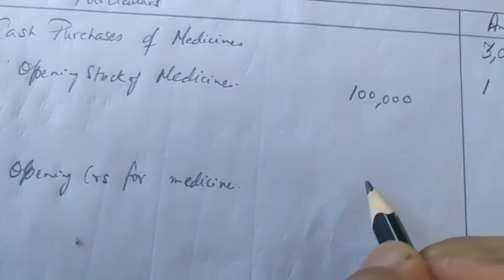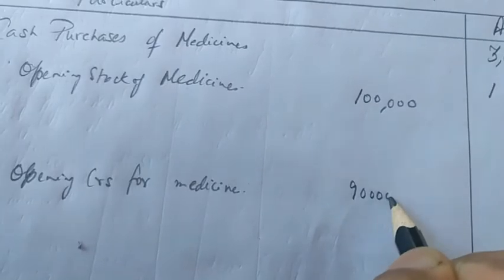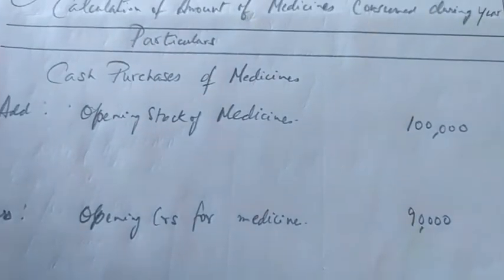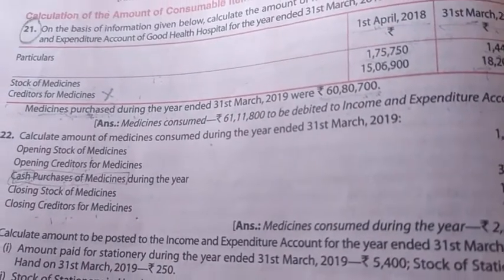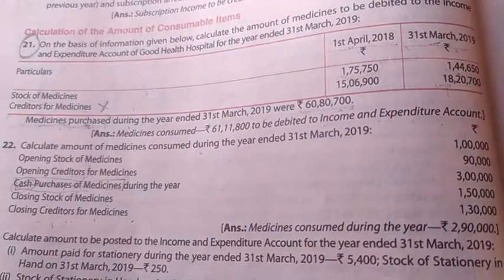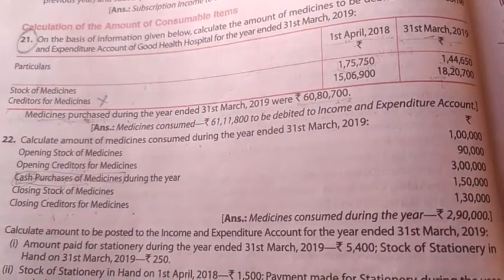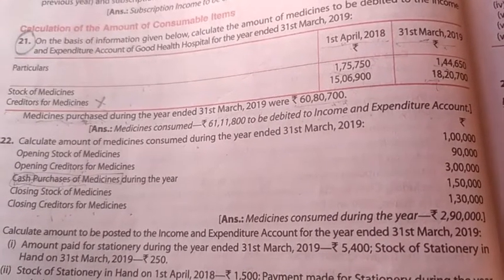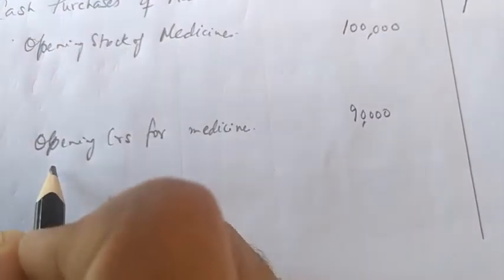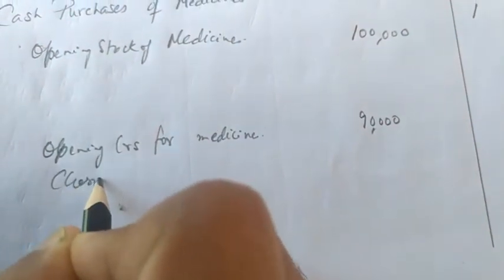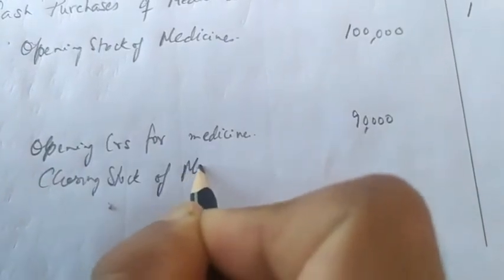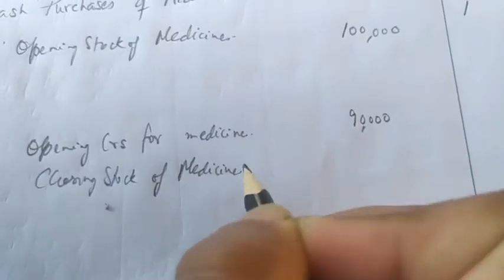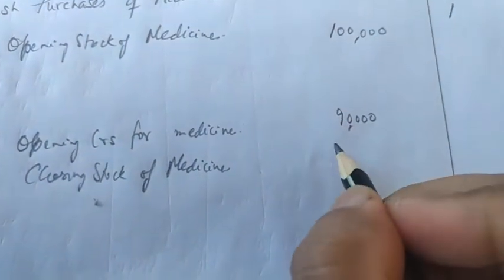Its amount is 90,000. Then the information in the question has closing stock of medicines 1,50,000 and closing creditors of medicine 1,30,000. So closing stock of medicine has to be deducted. Closing stock is always deducted. It's 1,50,000.